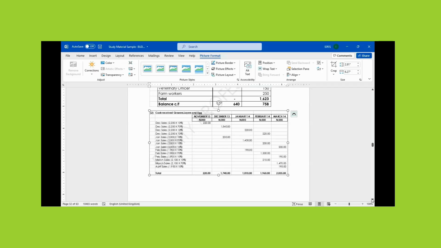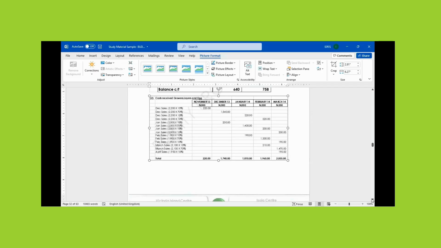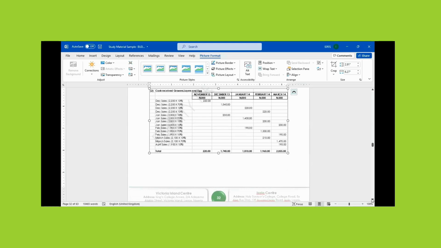In December, the same pattern. 10% of January sales will be received in December. Can you see that 10% of 2,000 is 200 under December?